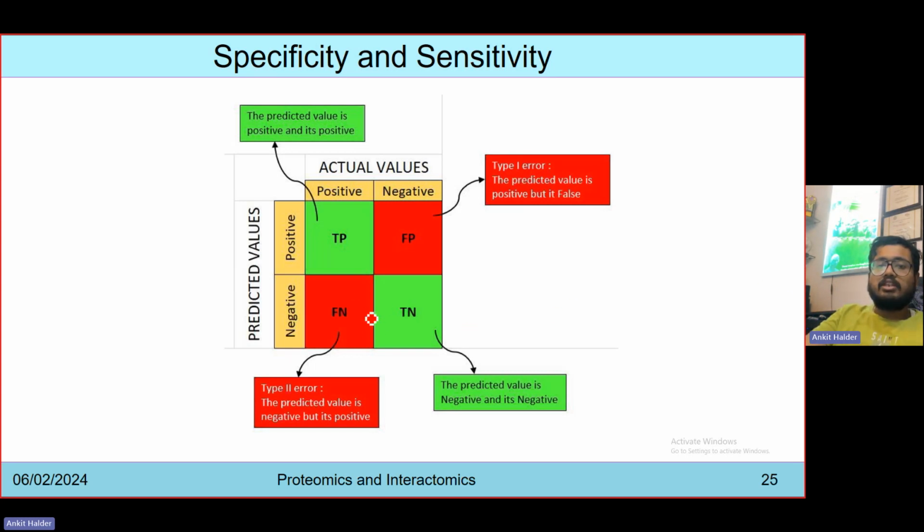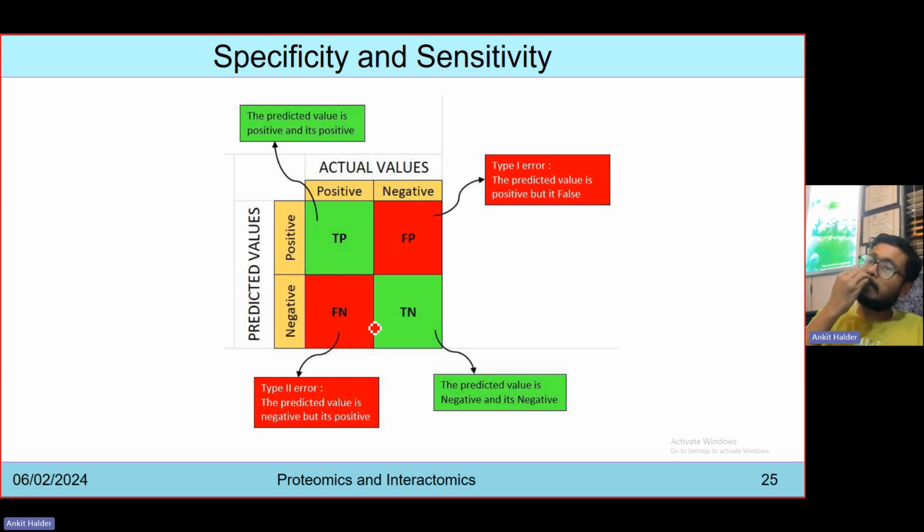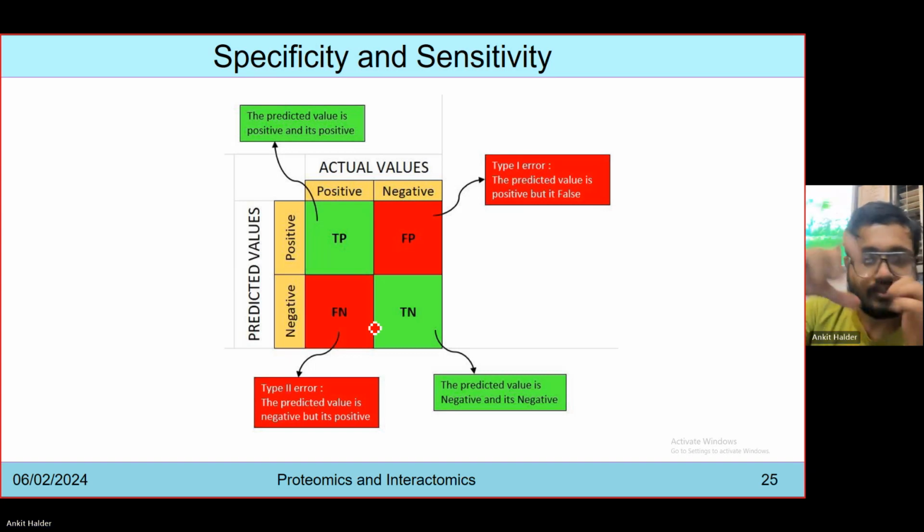So if you have a certain set of biomarkers that you are trying to say is able to predict whether it is a disease condition or not, or you have a particular set of medical instruments to say that it is a particular disease condition or not.